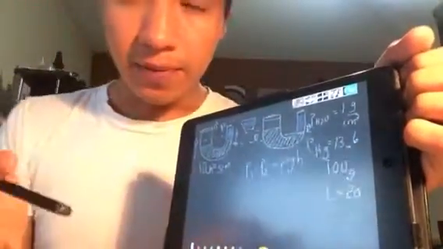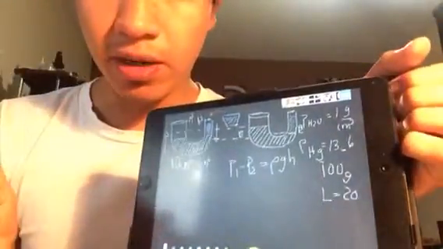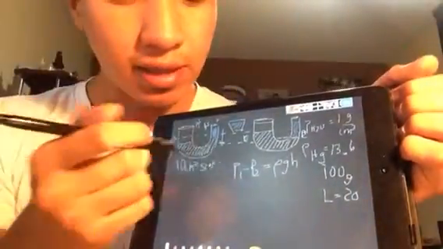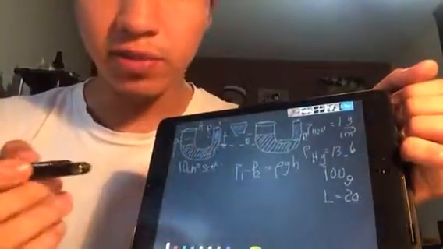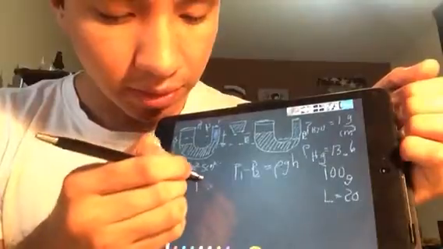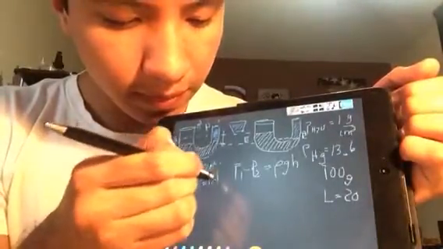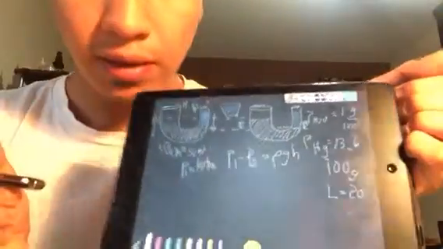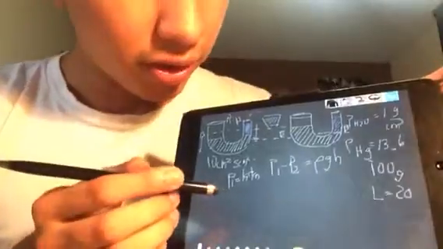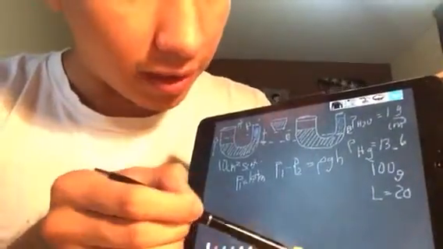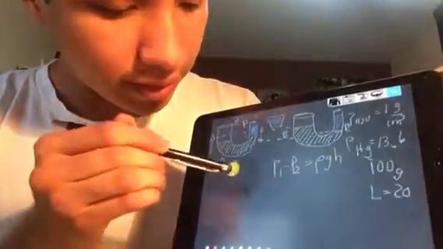We know that this part here and here are exposed to the air, so we are going to consider that pressure 1 on both sides is going to be the pressure of the air, that is 1 atmosphere. So okay, here we have, I'm going to erase this, and I'm going to erase this.